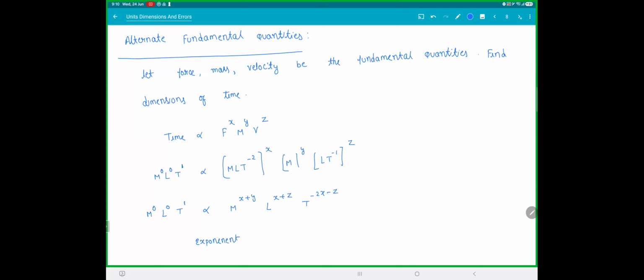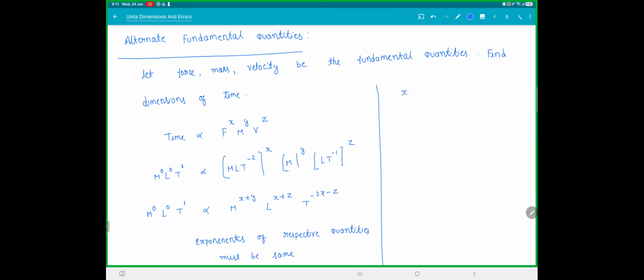So left side is M power 0 and the right side must be the same. Exponents of respective quantities must be the same. So the mass on the left should balance the mass on the right. Therefore, we get simultaneous equations.